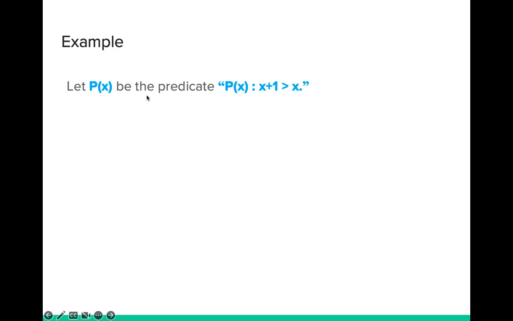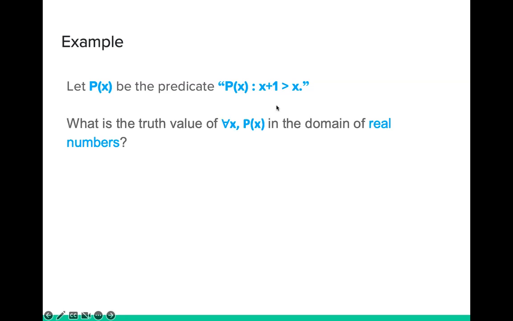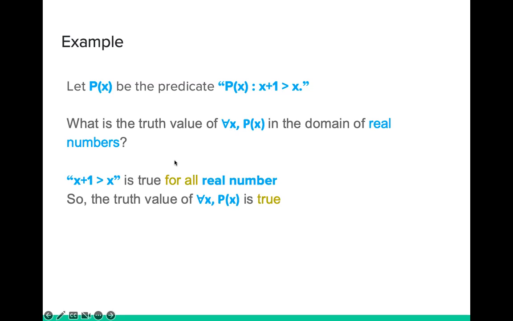Now let's have another example. Let P of x be the predicate such that x plus 1 is greater than x. What we do here is just add 1 to x and compare it with itself. So what will be the truth value of for all x, P of x, where the domain is the set of real numbers? x plus 1 is greater than x is true for all real numbers, so this quantification is true.